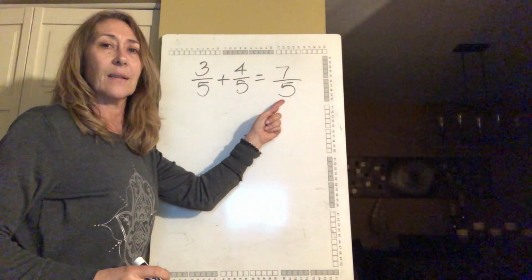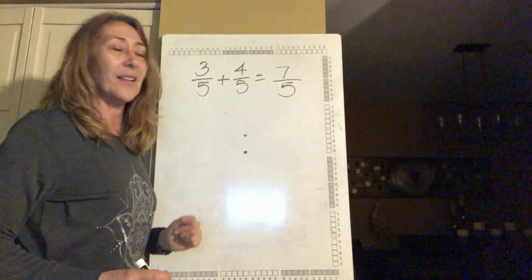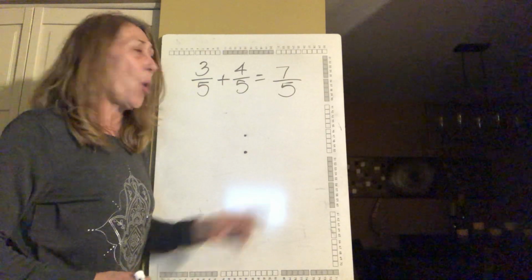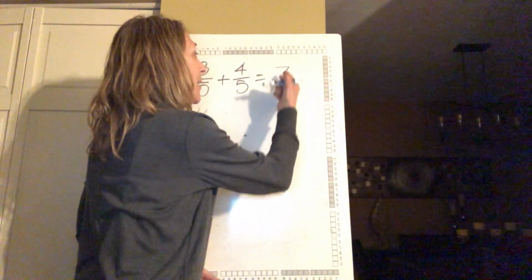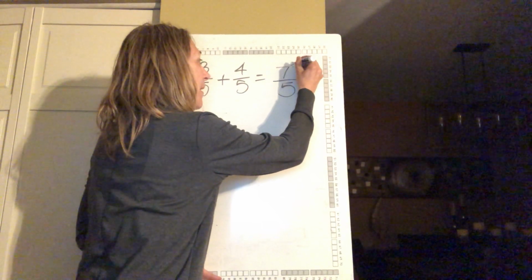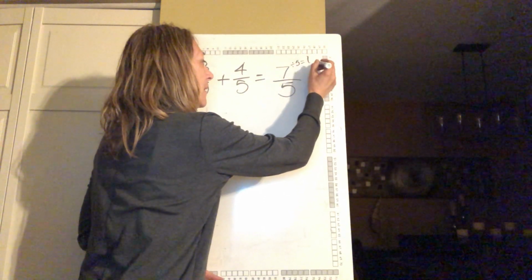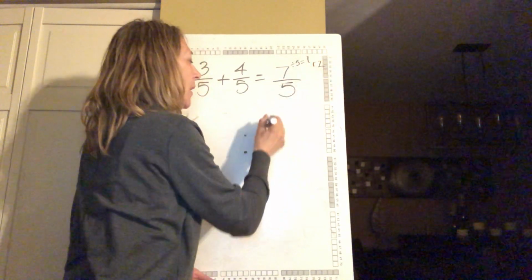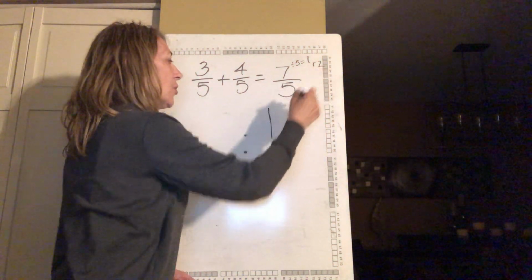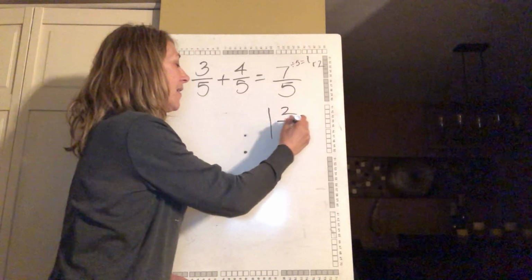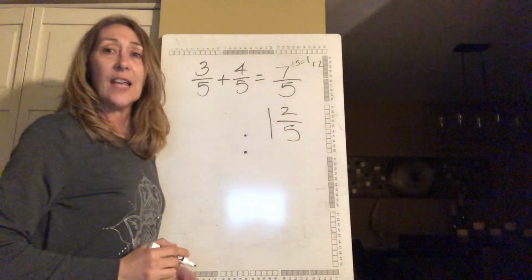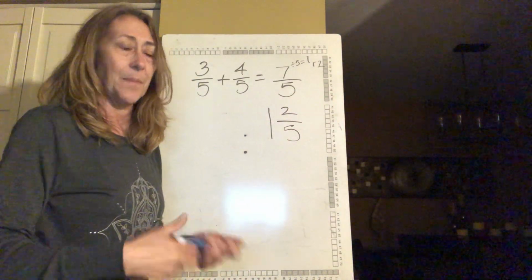What is this? Fraction greater than a whole. How many pieces do I need to make a whole? 5. So 7 divided by 5 equals 1 remainder 2. 1 whole, 2 left. And what size are they? Fifths. 1 and 2/5.